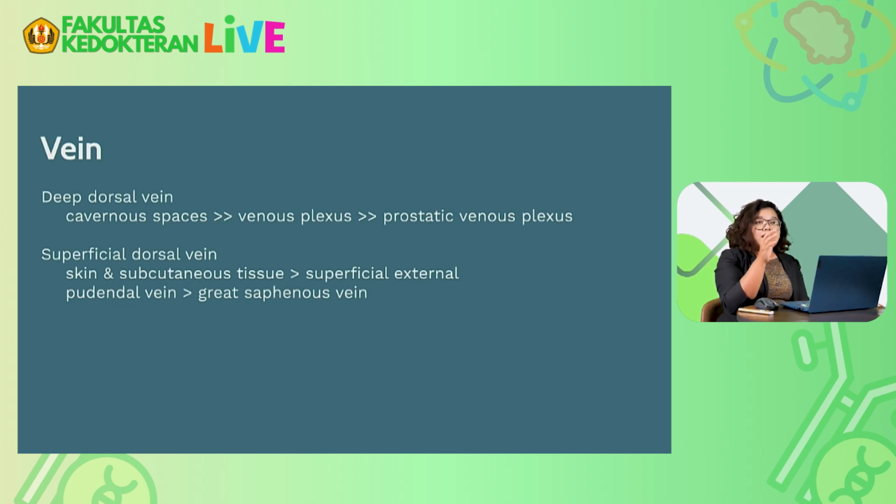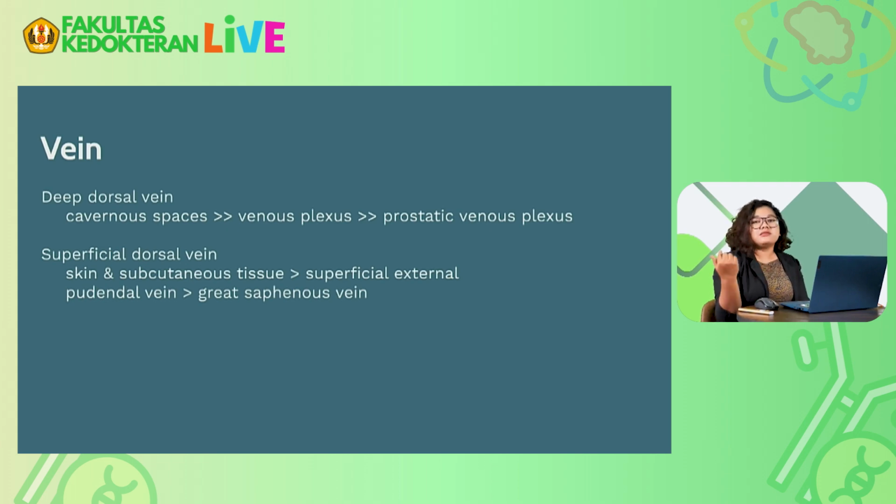And after that has happened, the blood from the cavernous spaces goes back to the venous plexus and then back to the prostatic venous plexus, while the superficial dorsal vein, which is in the skin and subcutaneous tissue, doesn't get affected by the erection itself.